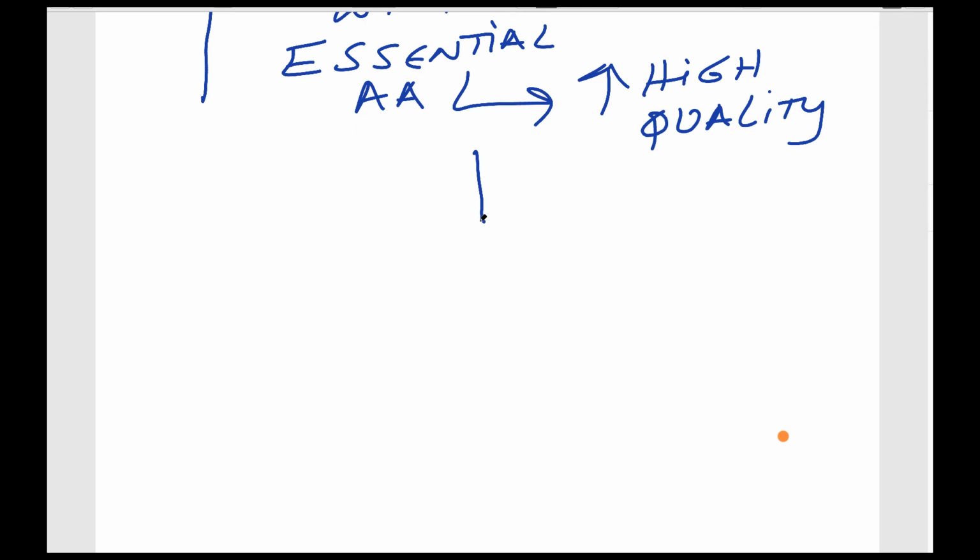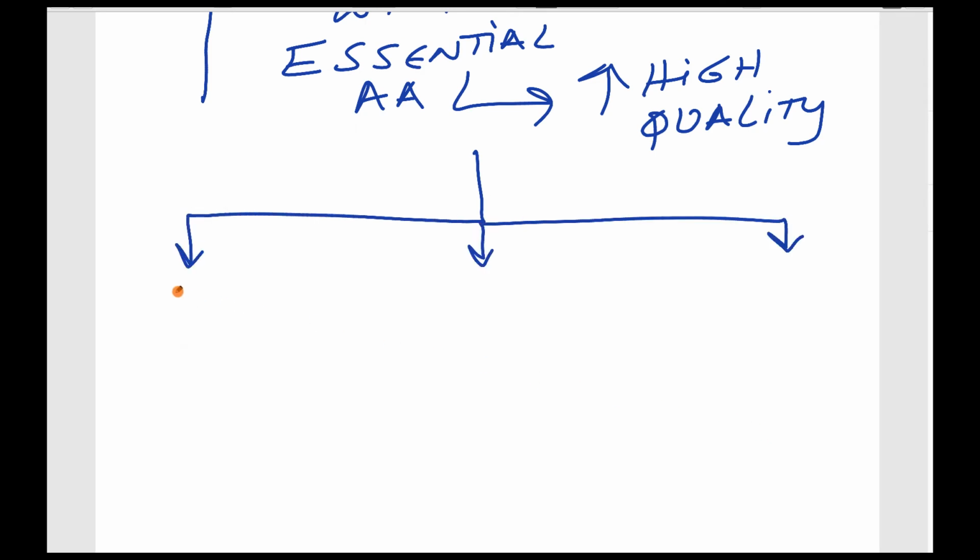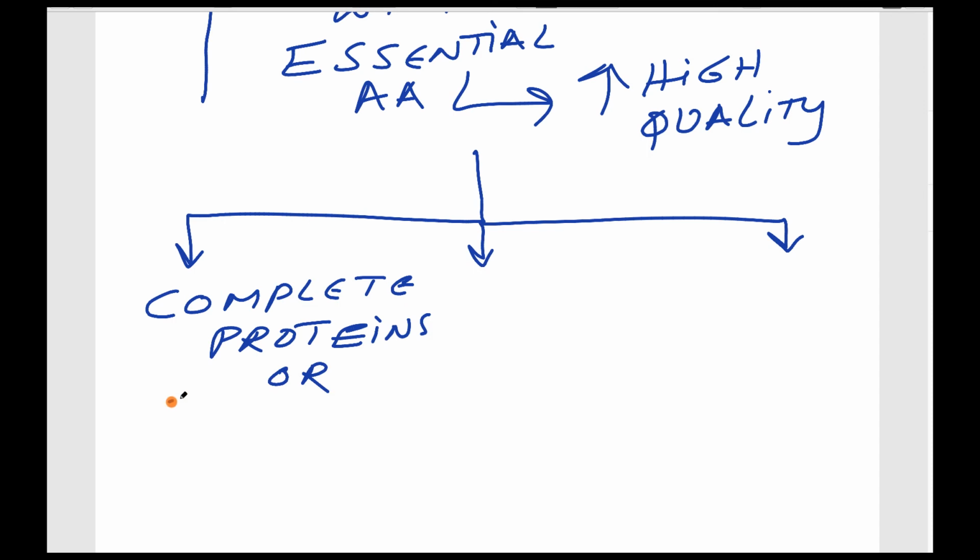So there are three classes. One is complete proteins, or first class proteins.